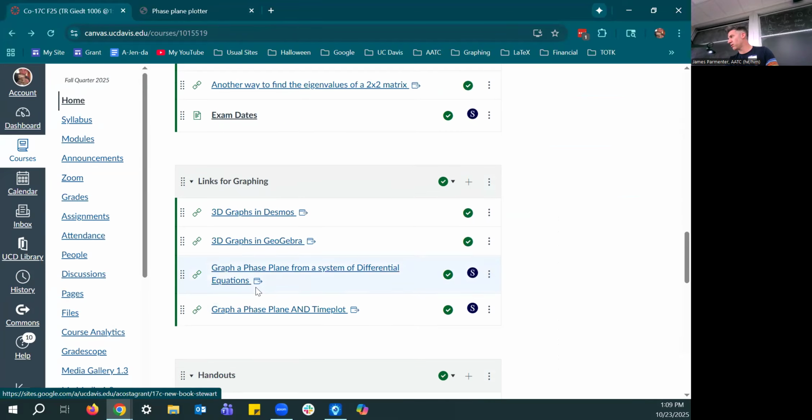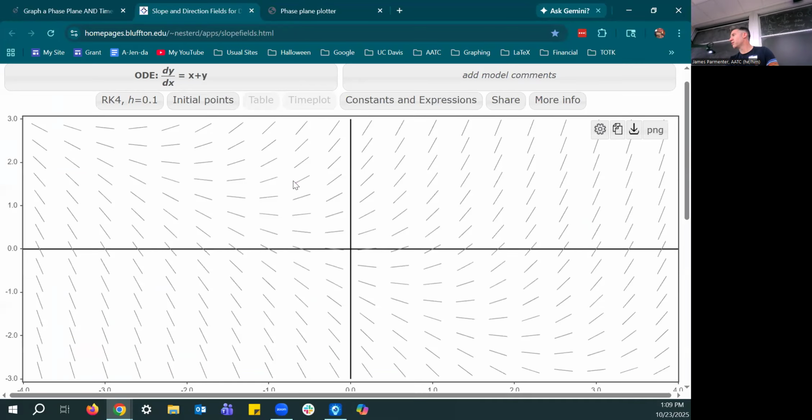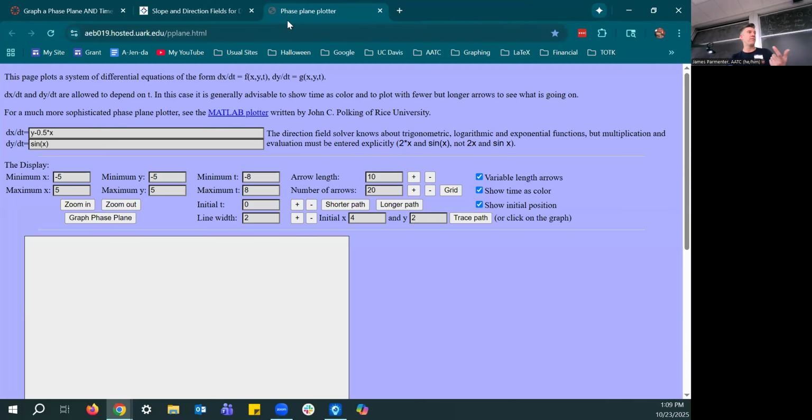So let's go to the other one here. Cool. Here's how we can graph the phase plane of this system of linear differential equations. You do have to use x and y in this one instead of x1 and x2. Okay, that's fine. So our dx/dt was -x plus 2y.